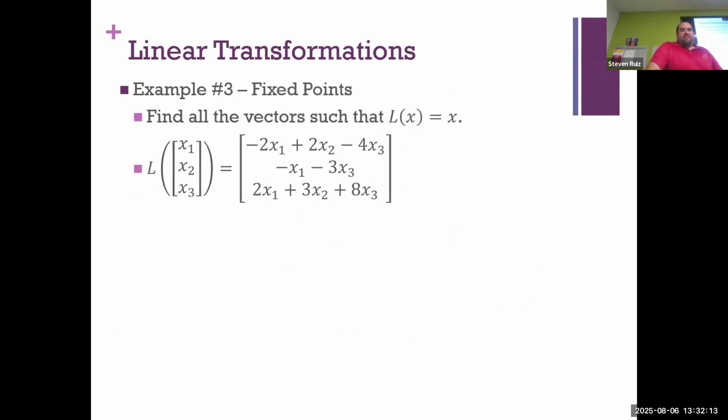Let's talk about this idea of a fixed point. So we've talked about null space. So basically, what vectors, when you transform them, which vectors get sent to 0? Now I want to look at this. What vectors get sent to themselves?